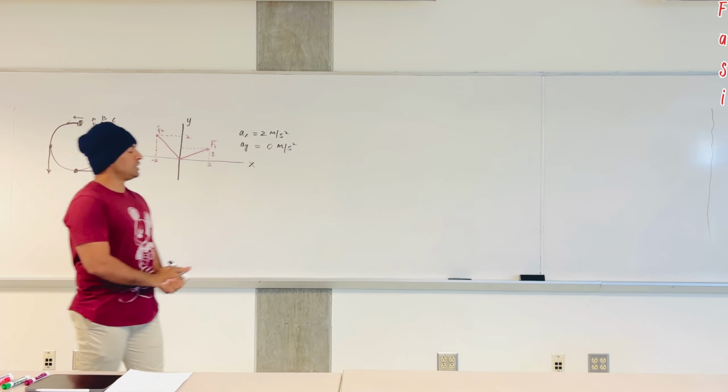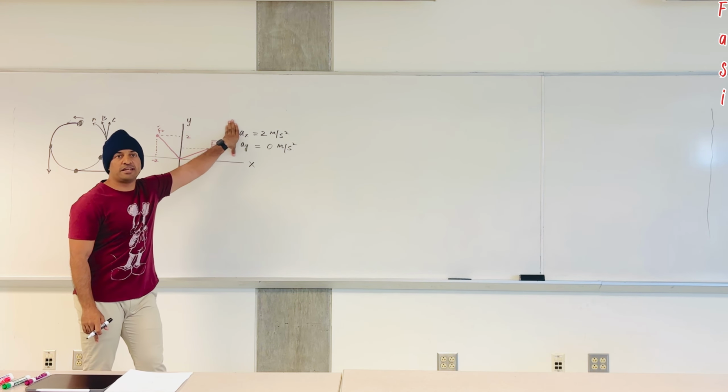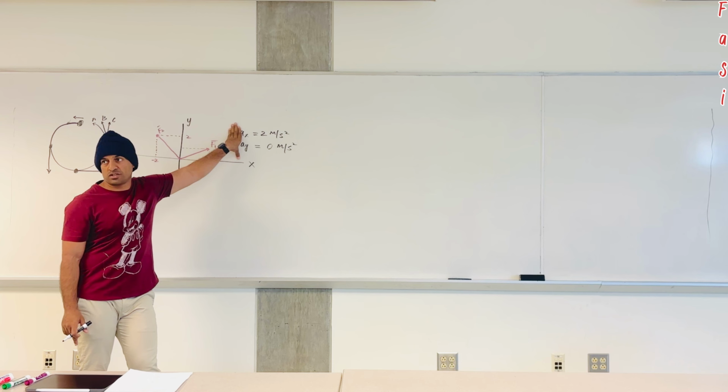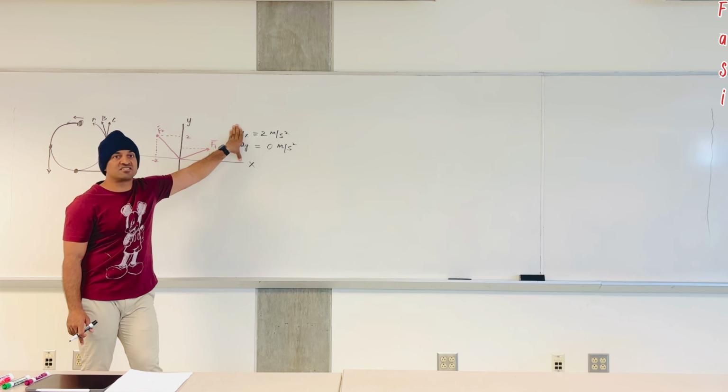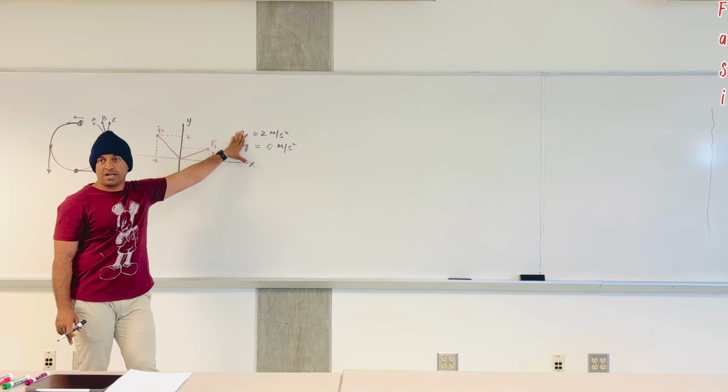So we know the general rule, and it is a big hint that they have given us the accelerations along the x-axis and y-axis separately. This immediately signals that we are going to use the components of the forces separately.